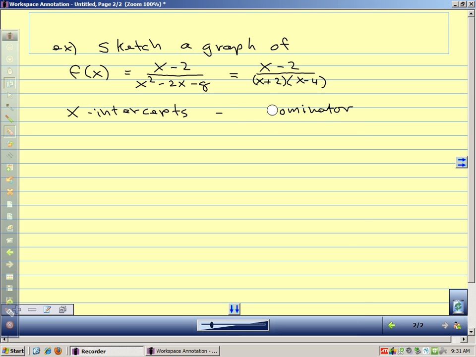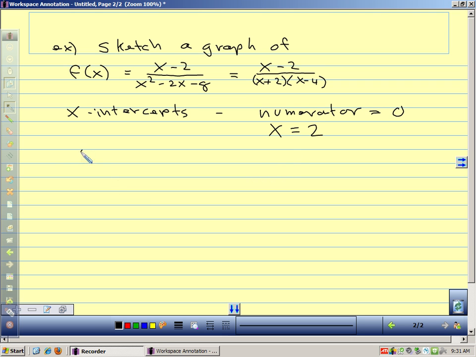I'm sorry, not our denominator. I'm thinking of asymptotes. Numerator equals 0. So our x-intercepts are where our numerator equals 0. So we're going to have an x-intercept at x equals 2. So our graph is going to cross the x-axis at x equals 2.